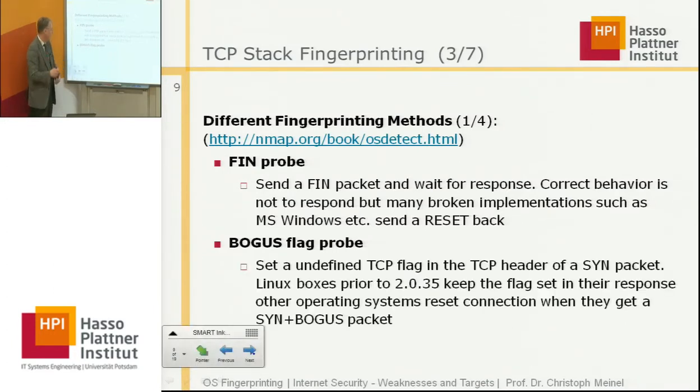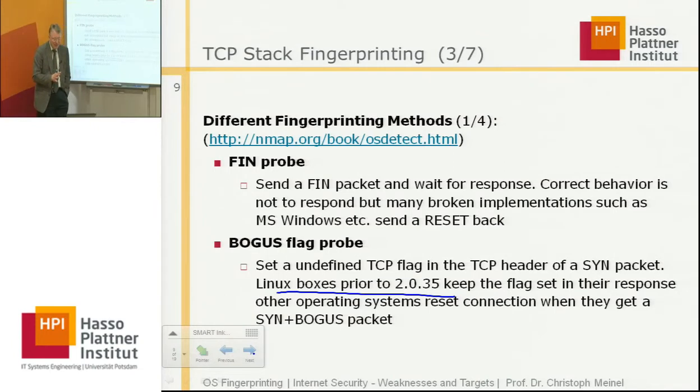The bogus flag probe. An undefined TCP flag is set in the TCP header, you remember this, of a SYN packet, a packet that is sent to establish a connection. Then Linux boxes prior to 2.0.35 keep the flag set in the response.